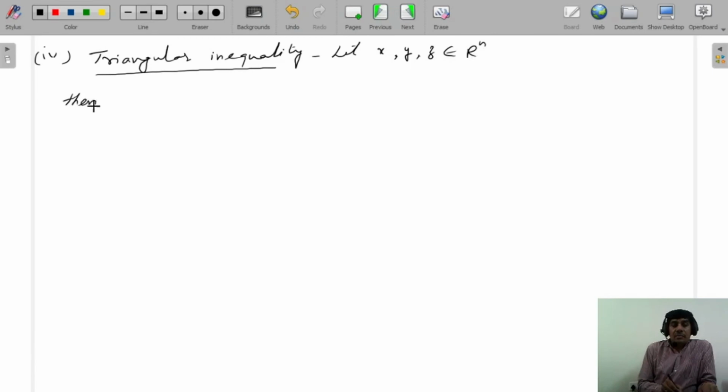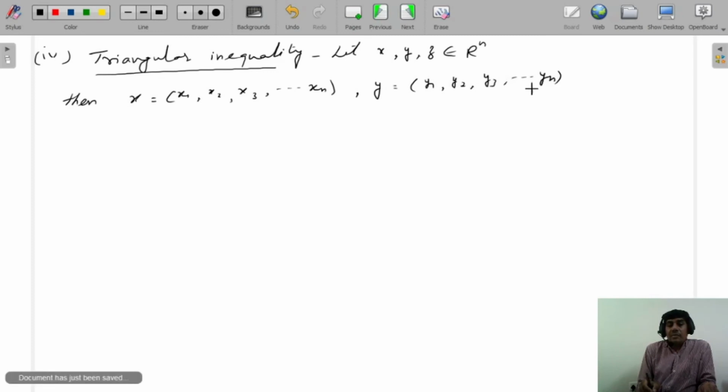Then x is equal to (x1, x2, x3, ..., xn), y is equal to (y1, y2, y3, ..., yn), and z is equal to (z1, z2, z3, ..., zn).